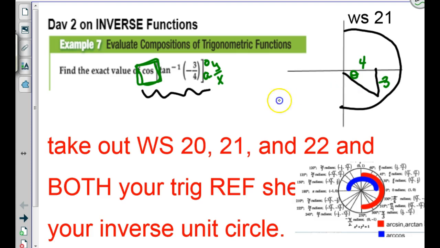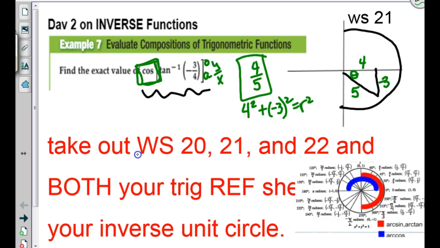So we do need this value. So we would do Pythagorean theorem, and it does come out 5. So then what is the cosine of that picture? Not that bad, especially if I gave you a hint to draw it. You just got to do it inside out.